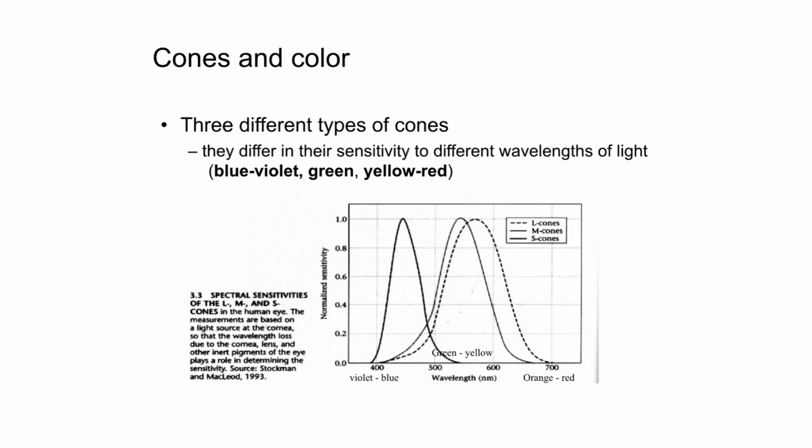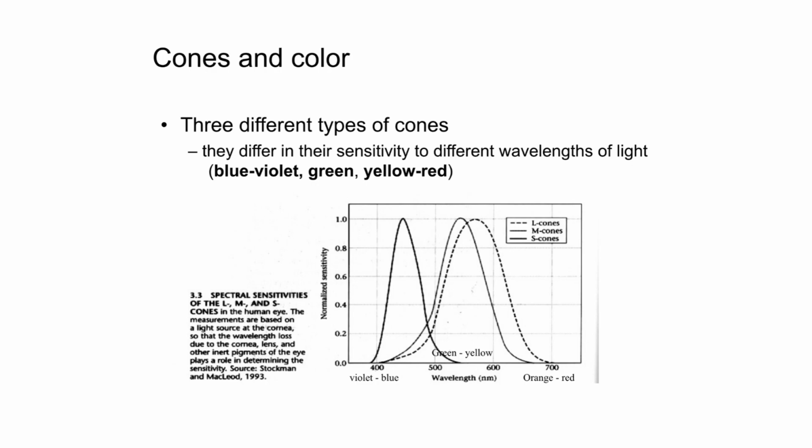Or we can also refer to them as yellow-red cones, green cones, or blue-violet cones. Yellow-red cones are able to see red or orange type of colors, and this is mainly referred to as long wavelength colors.